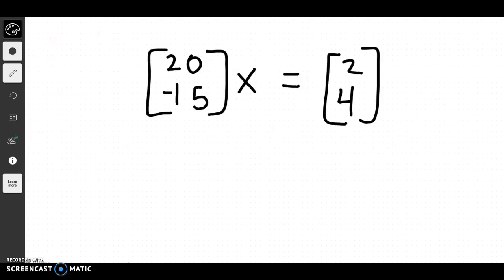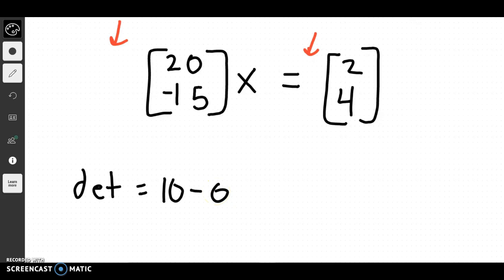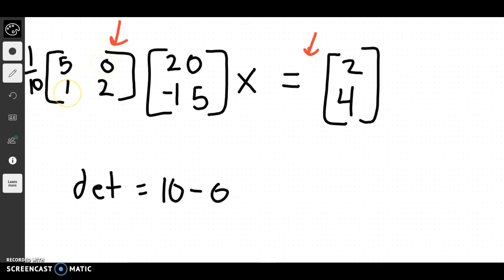Okay, so in this second example, again, we want to times the inverse on both sides so that we can cancel this. Again, we want to do the major diagonal minus the minor diagonal, so that would be 10 minus, oh, that's going to be 0. So we have a 1/10. 5 would go up here, 2 would go down there, 0 can't be negative, that would become a positive.